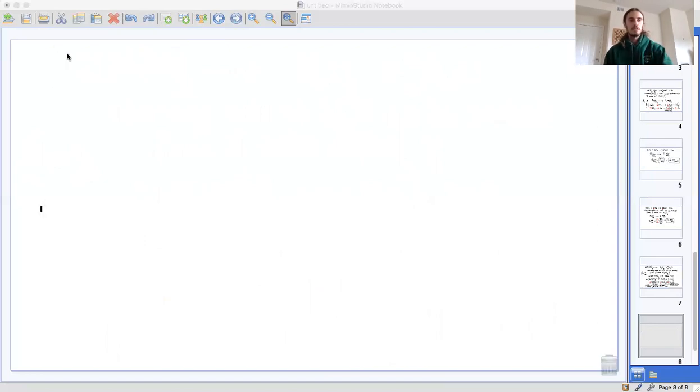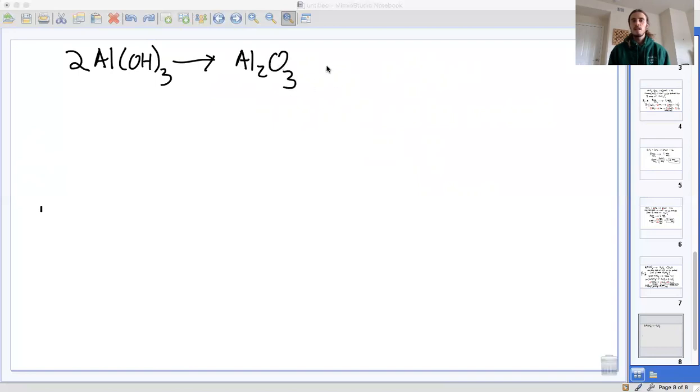So 2 aluminum hydroxides decompose into aluminum oxide plus 3 waters, right? That's the balanced chemical equation. And now the question is, how many moles of aluminum hydroxide are needed to produce 15 moles of water?